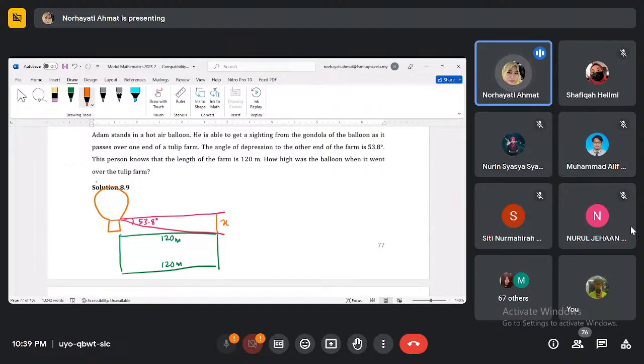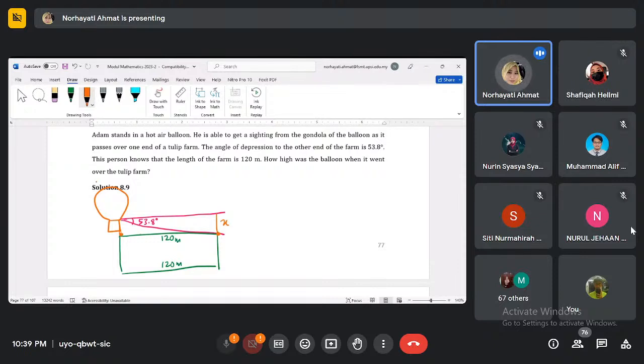Kita tahu panjang tulip farm ni adalah 120 meter. Dia punya jarak daripada penglihatan dia kepada satu sudut hujung yang satu lagi, daripada sini ke sini kita tahu adalah 120 meter. Dan dia punya depression angle is 53.8 degree.